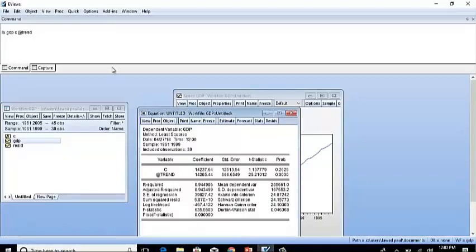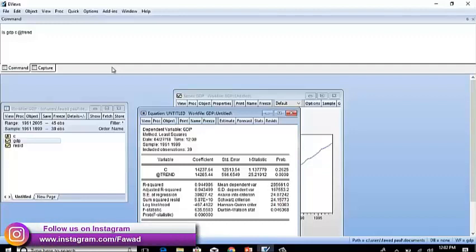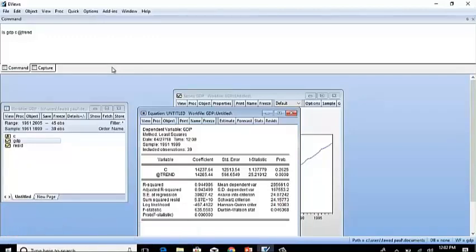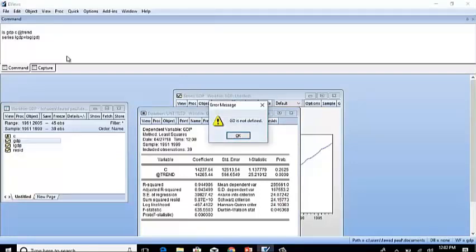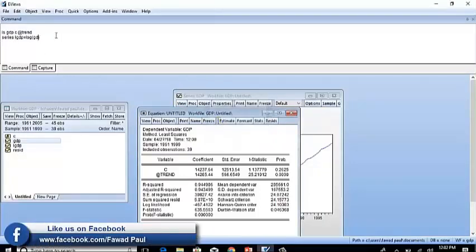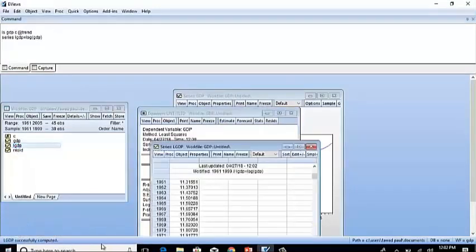Most theories indicate that if we take the log of any variable, we will stabilize our variance. So let's take the log of our GDP data. It's a very easy procedure. Just write series LGDP = log(GDP). So we convert the GDP into log form.